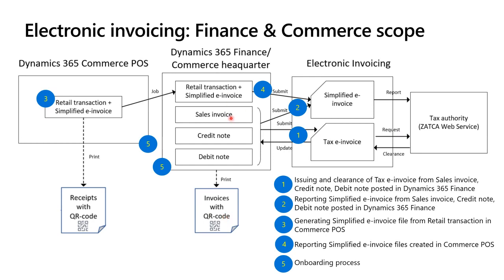For sales invoices, which means invoices generated from sales orders, free text invoices, or project invoices, and credit notes, and for debit notes, we enable the tax invoice features, right? That means that you have the ability to send those invoices to electronic invoicing services. Electronic invoicing services will then generate the tax invoice, communicate with Zadka web services, collect the response from Zadka containing the QR code, and update this QR code back in FNO, right?